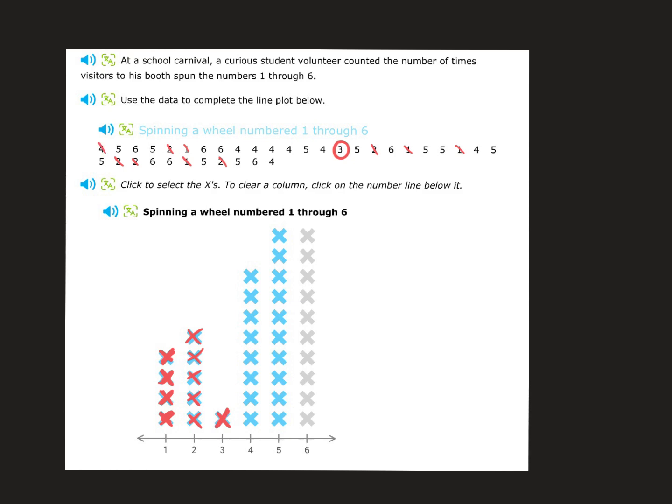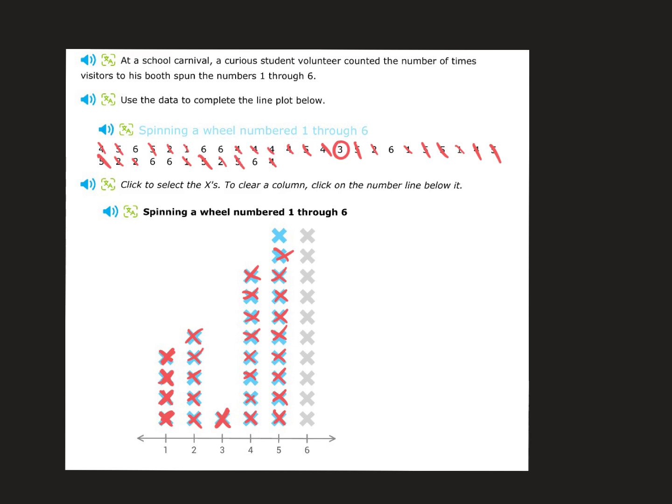I have 1, 2, 3, 4, 5, 6, 7, and 8 4s. And then 5s: 1, 2, 3, 4, 5, 6, 7, 8, 9.